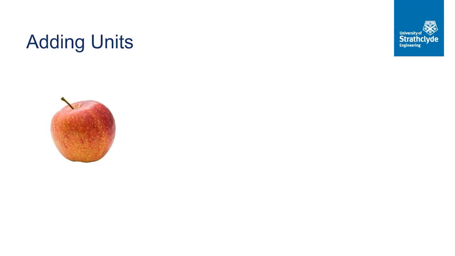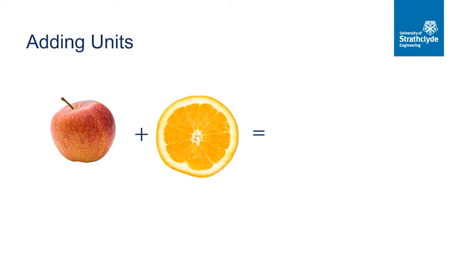A trivial example is to add an apple and an orange. Well, that just doesn't work, does it? We are not able to present an equation. We're not able to fill out the right-hand side. And this is the same as if we decided to take 100 meters and add 65 seconds to that.